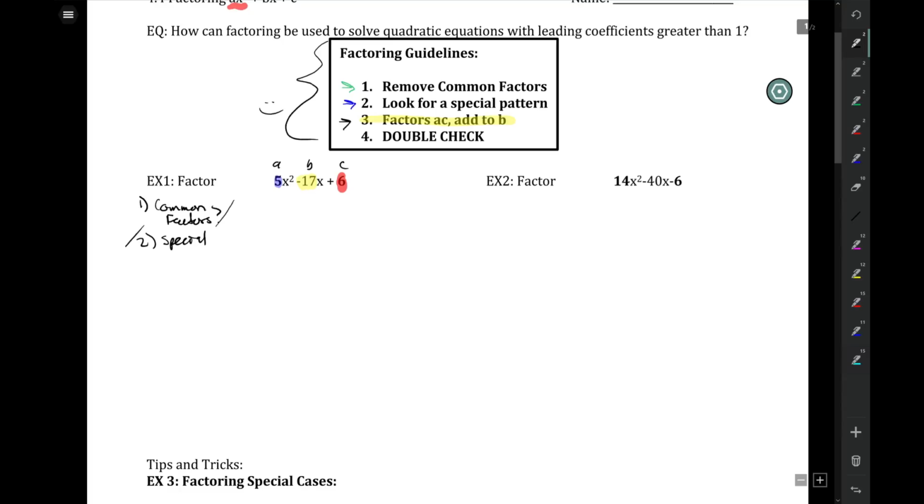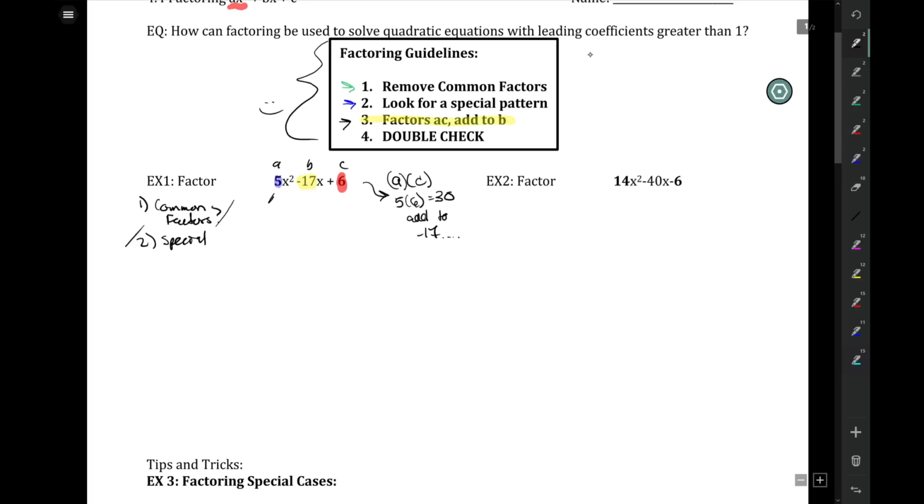But three, we want factors of A times C that add to B. So specifically, it's the A value times your C value. So 5 times 6 means we're looking for factors of 30 that add to negative 17.